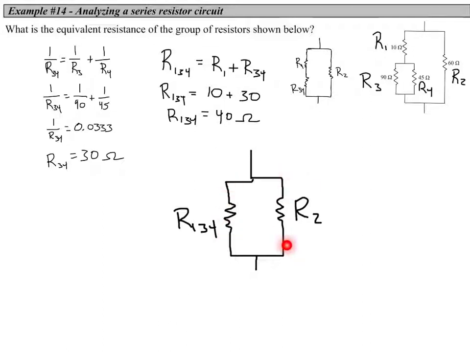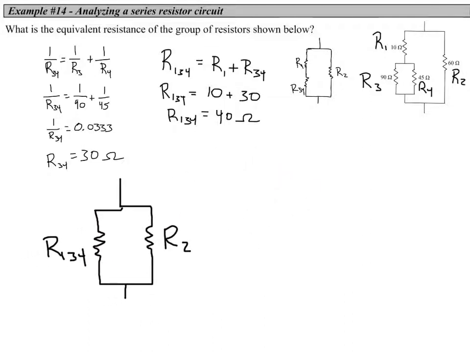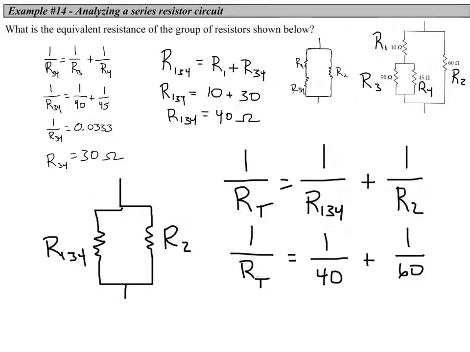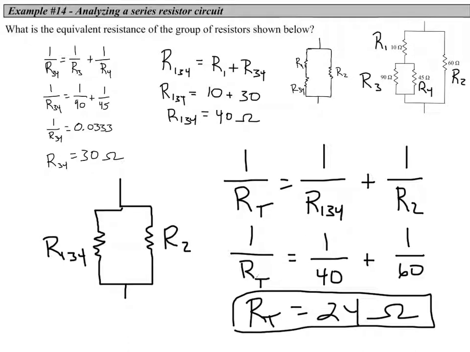So all we need to do here is apply the parallel rule to this equivalent circuit, and we're going to get a total resistance of 24 ohms. So this whole original circuit is really just a 24 ohm resistor in effect.